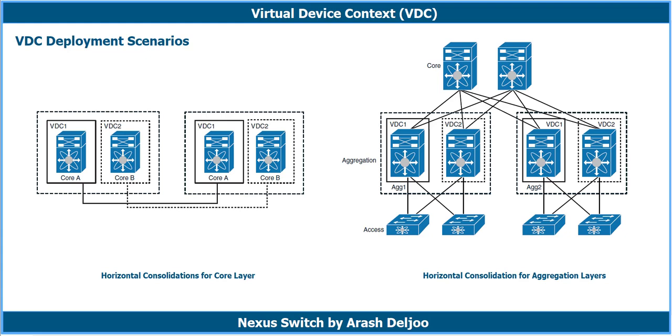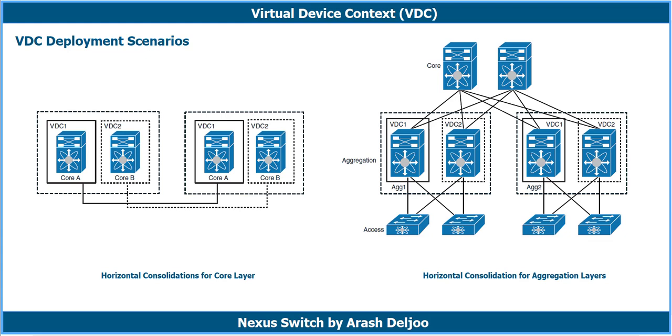In horizontal consolidation, you can consolidate core functions and aggregation functions. For example, using a pair of Nexus 7000 switches, you can build two redundant data center cores, which can be useful in facilitating migration scenarios.